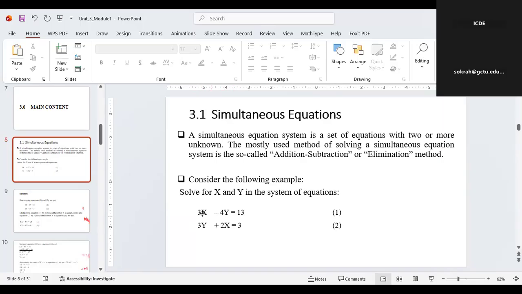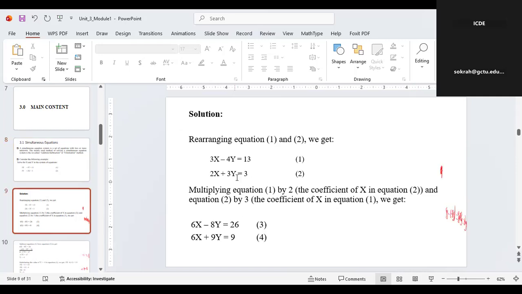In equation 1, x comes first. So let's make sure that x also comes first in equation 2. We have to interchange the positions of 2x and 3y in equation 2, so that x will come first. That's what I have done here.